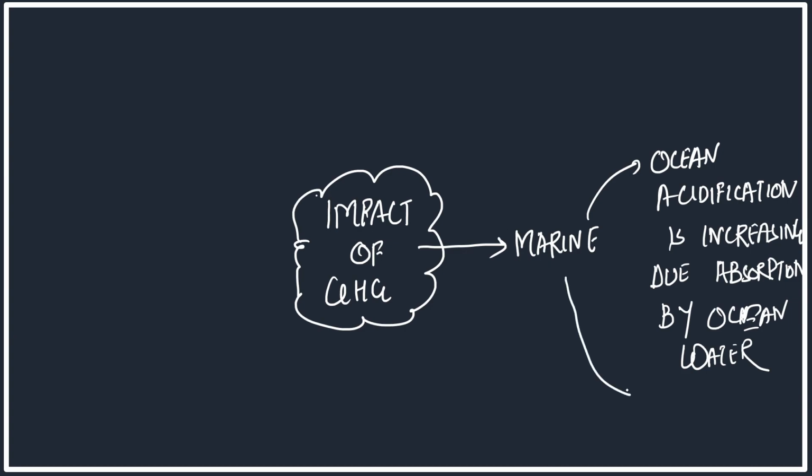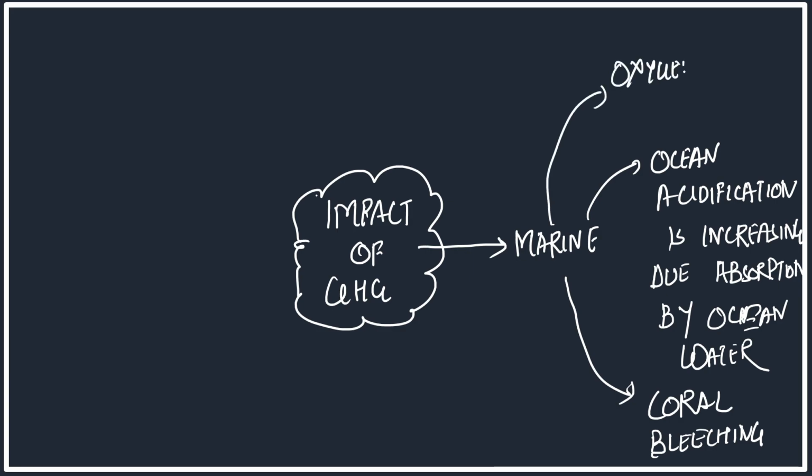Clear? Which is causing what? Coral bleaching. Because we all know that corals survive in a certain temperature and certain pH level. And due to increasing acidification, the coral is getting bleached. Okay? Right? And also due to this, oxygen level in the water is getting decreased.